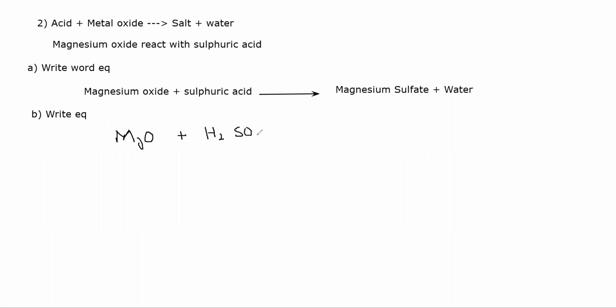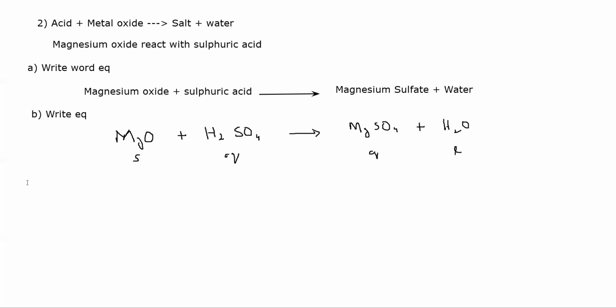This will result in a formation of magnesium sulfate, which is MgSO4, plus water, H2O. So magnesium oxide plus sulfuric acid gives magnesium sulfate plus water. The state symbols: magnesium oxide is solid, sulfuric acid is aqueous, magnesium sulfate is aqueous, water is liquid.